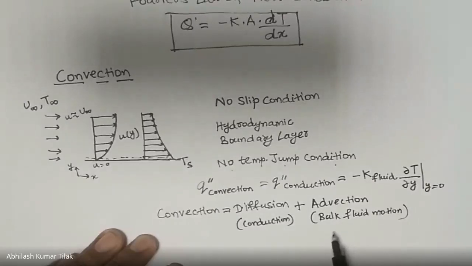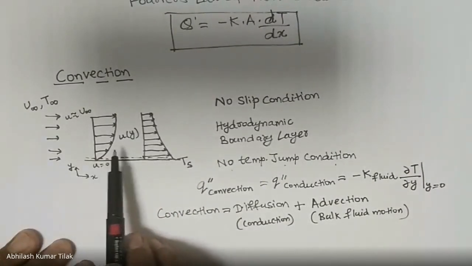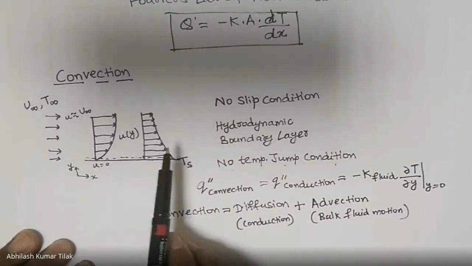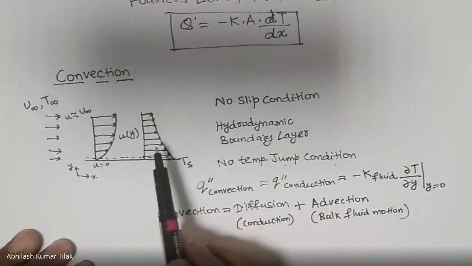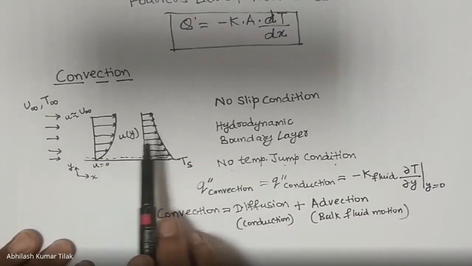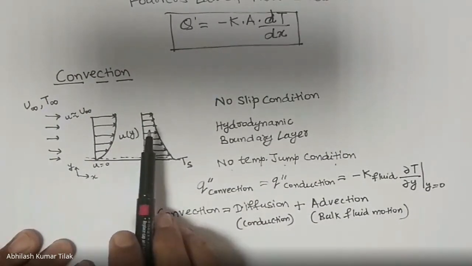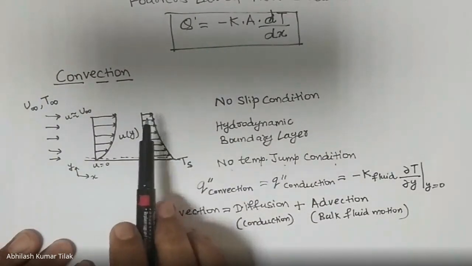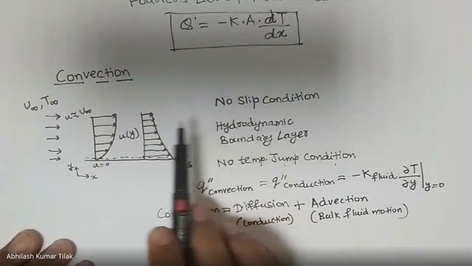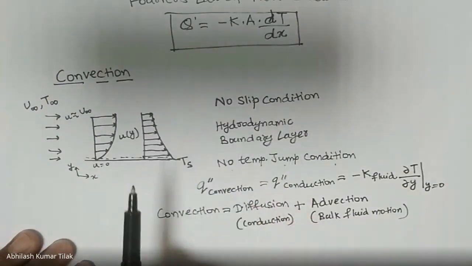Advection means the bulk fluid motion. So the fluid has to be flowing, or in motion, over the surface. When it is flowing over the surface, it is going to advect away, that means take away, the heat which was conducted into the fluid layers to the downstream, further away from the boundary layers being formed over the surface.